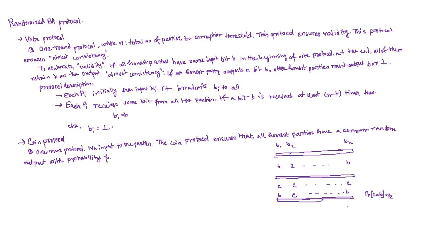So overall we say that at the end of one iteration with probability p by 2, all of the parties will have the same common output. So then again the next iteration starts. So this is one single iteration, and this protocol goes on until all the honest parties are on the same page.